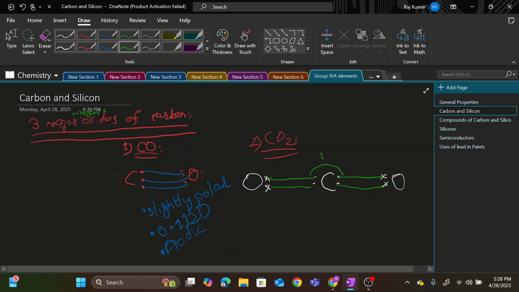The angle is 180 degrees. Now, carbon dioxide has zero dipole moment, and it is slightly acidic and non-polar in nature, and it is a bit reactive. Not generally reactive, but a bit reactive.